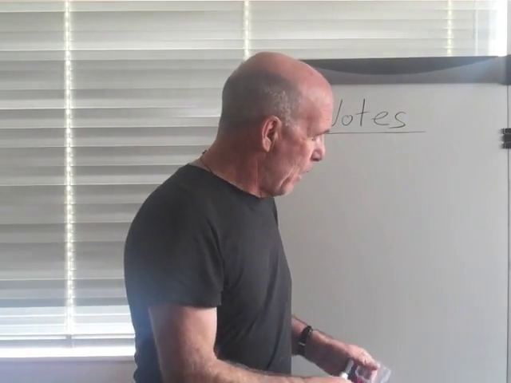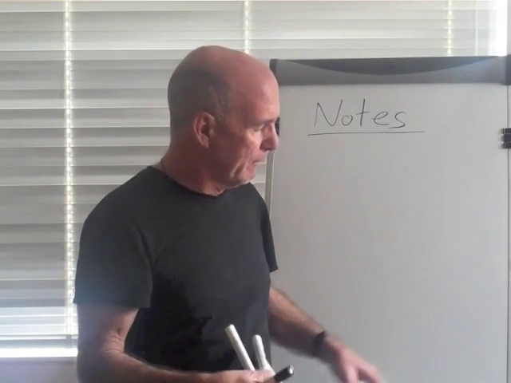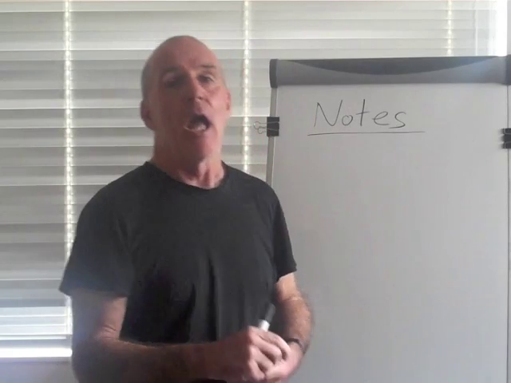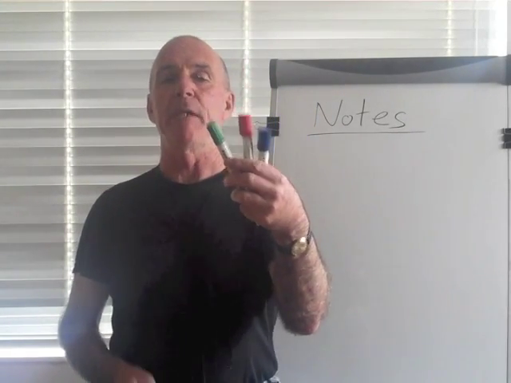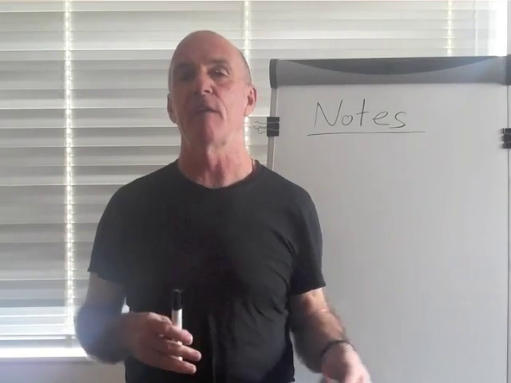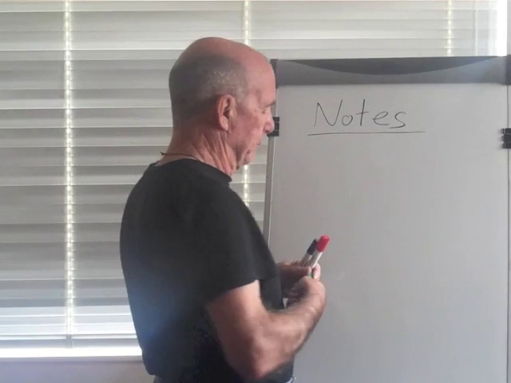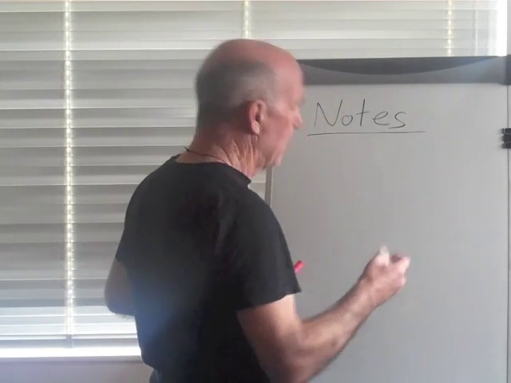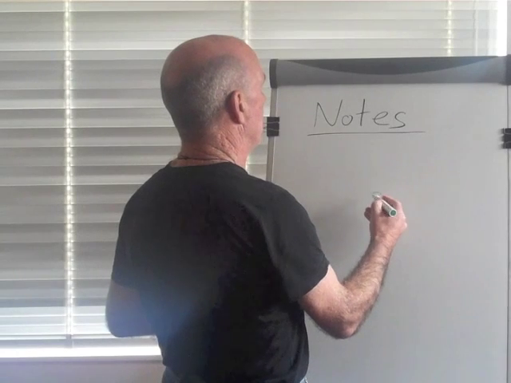So what I want to do is just show you a quick example of mind maps. It's useful to use lots of different colours because it makes it easier for you to identify things. What we're doing with a mind map is we're going to have your main topic.